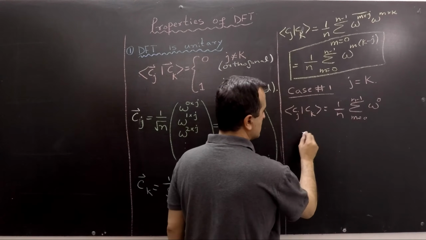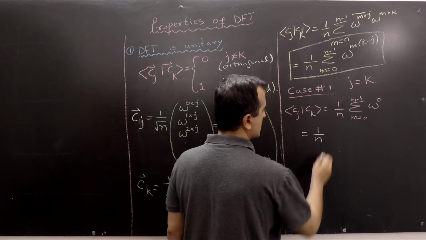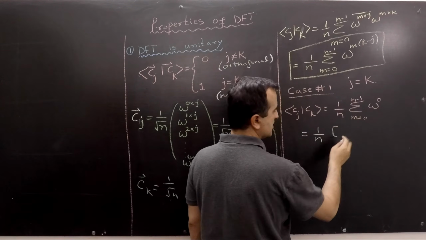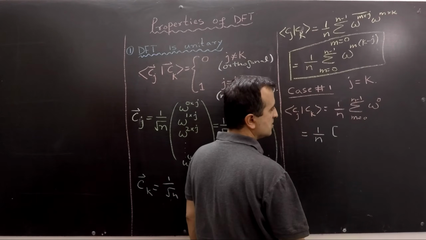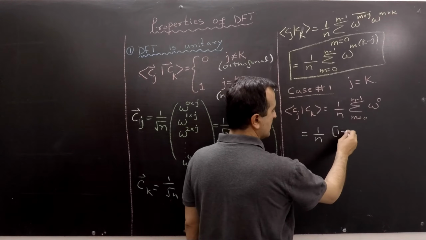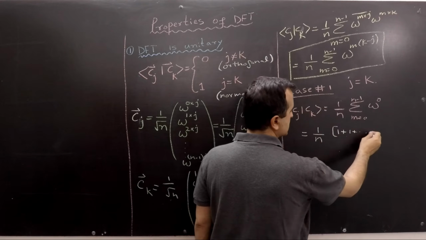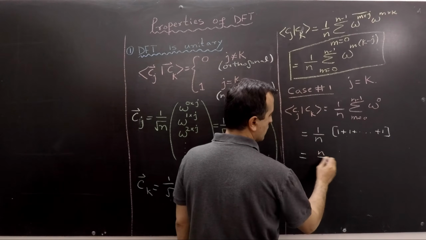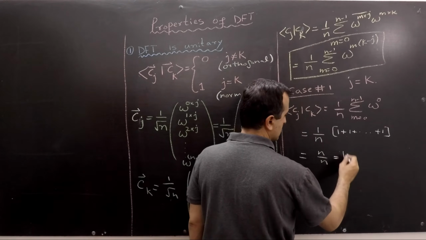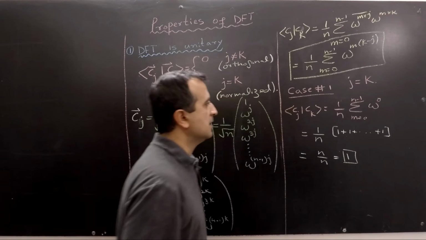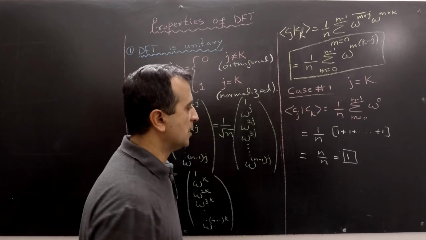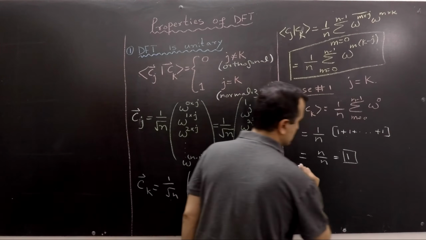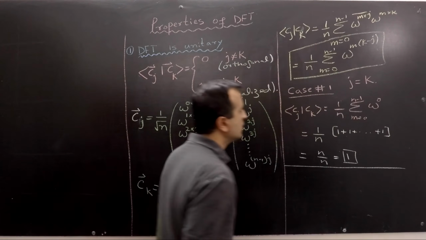And this will be equal to 1 over n, and now we have all ones, because omega raised to power 0 is equal to 1, so we will have n times 1, and this will be equal to n over n is equal to 1, thus showing that each column is normalized, or each column is a unit vector. So we have shown half of the proof.